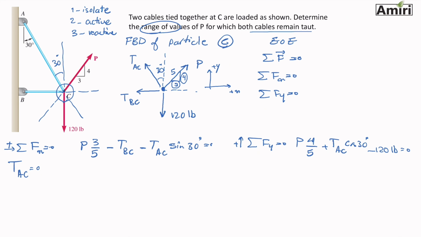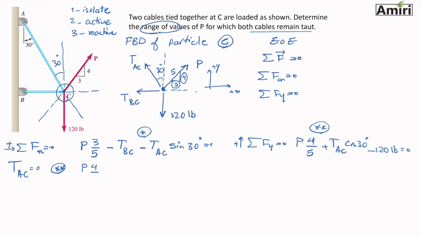That's one of my limits. So TAC being 0, let's take this one, the double star equation.